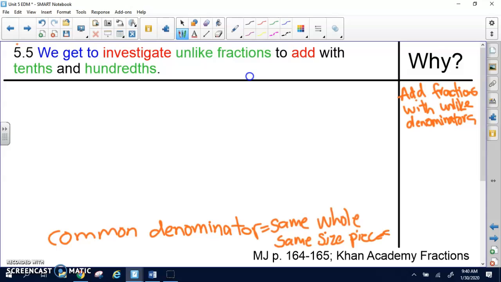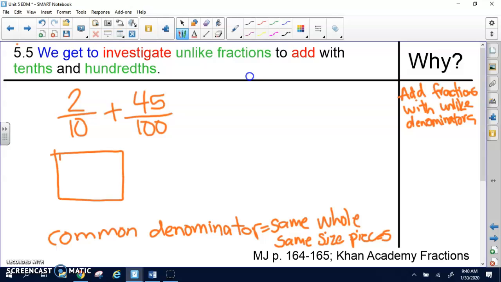When we have 2/10 plus 45 hundredths, we do not have common denominators, which means we do not have the same size pieces, even though we have the same whole. So 2/10 would look like this if we had these fraction boxes.